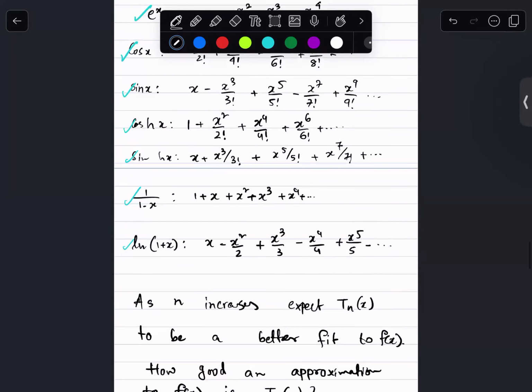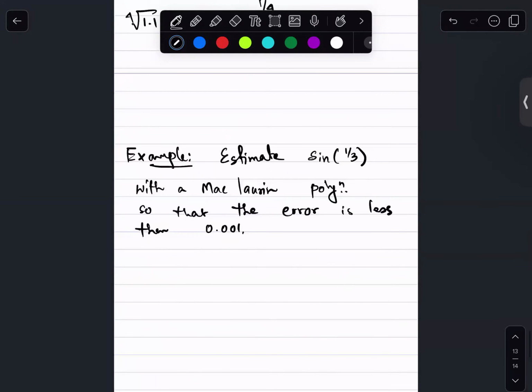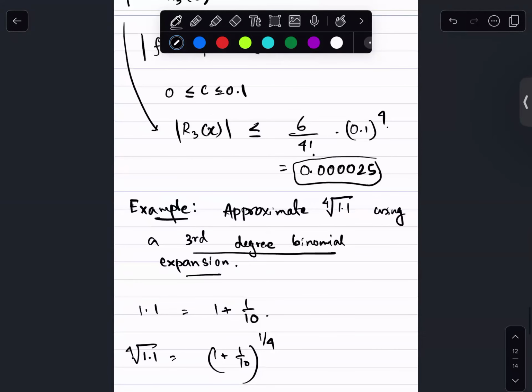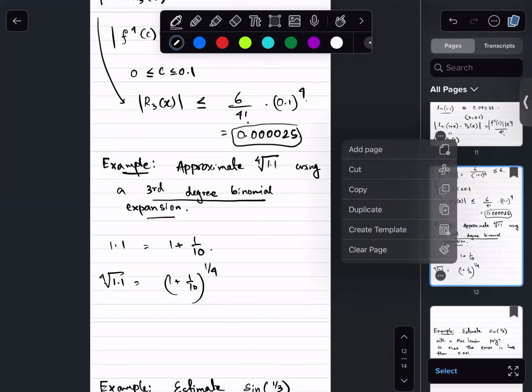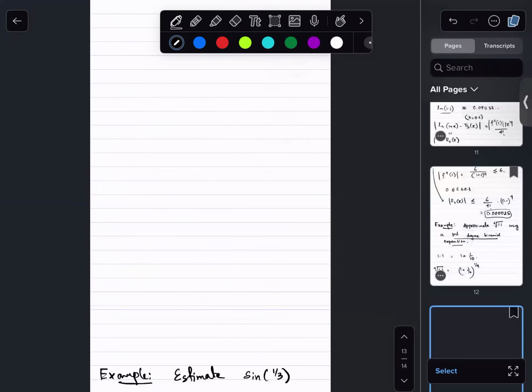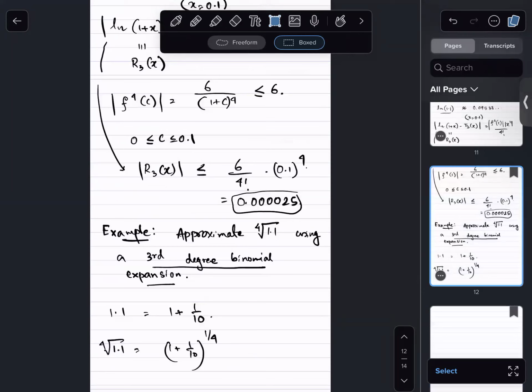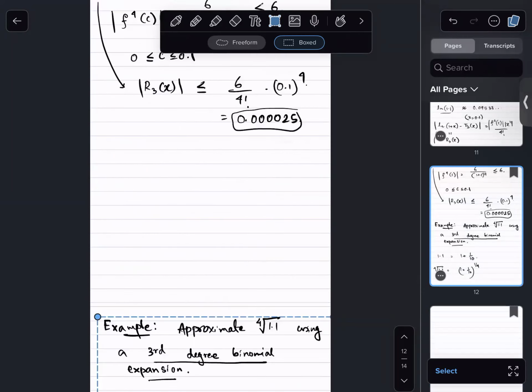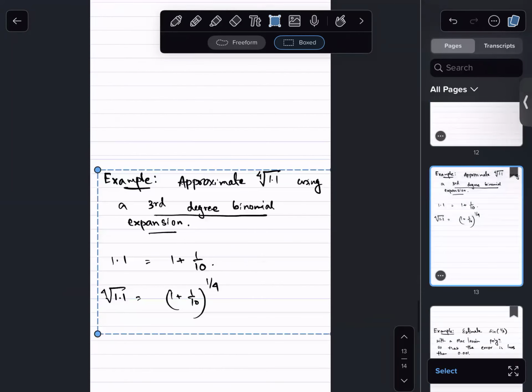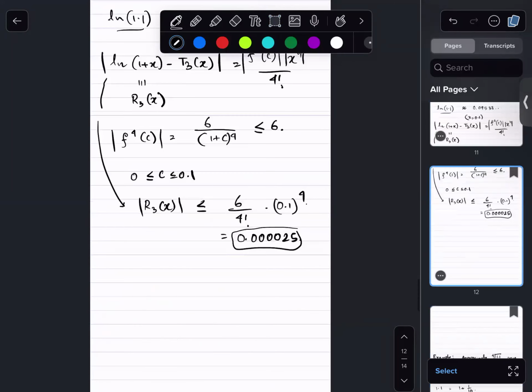Before that, I need to introduce what binomial expansion is. Just give me a minute to get some page, and then I'll shift it. So a quick note about binomial expansion.